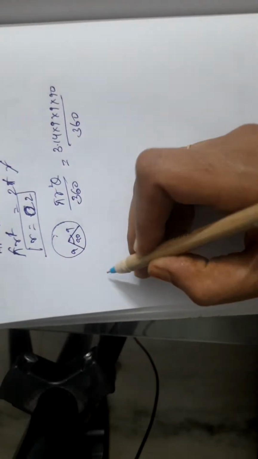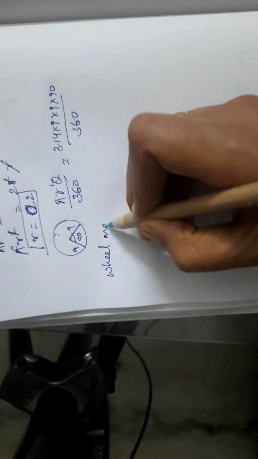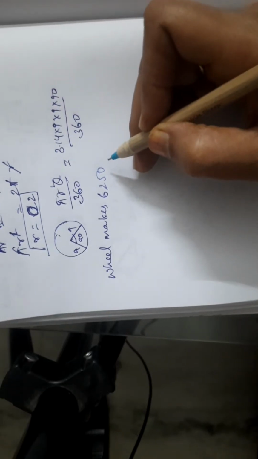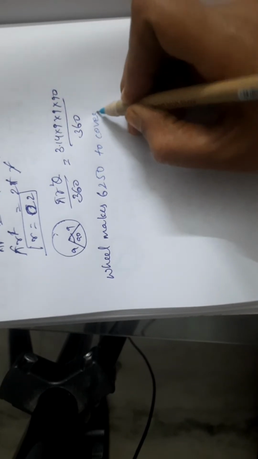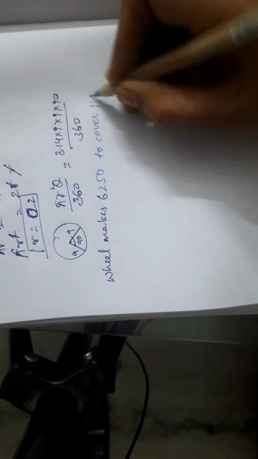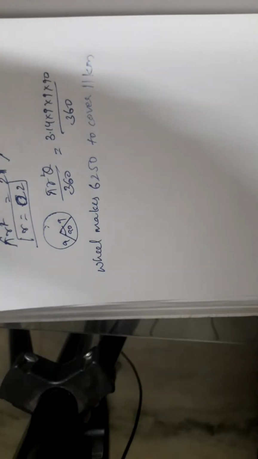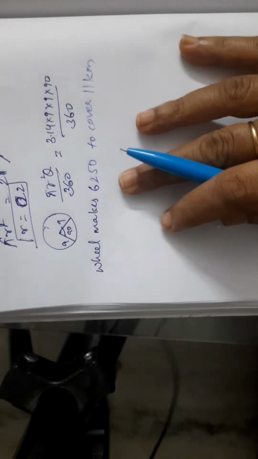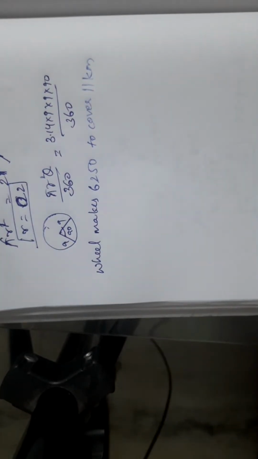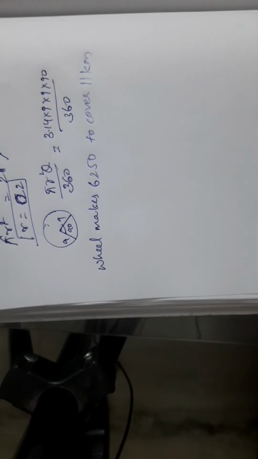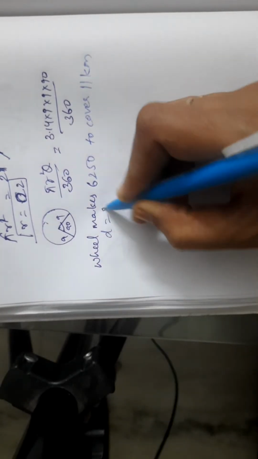So question is, wheel makes 6,250 revolutions to cover 11 kilometer. Find the diameter of the wheel. So your diameter we need to calculate.